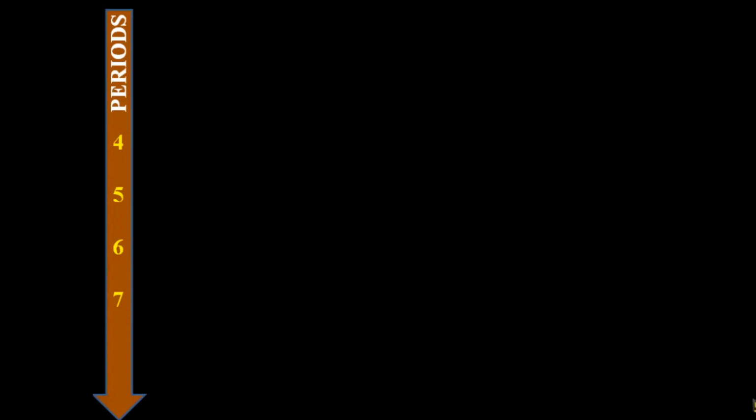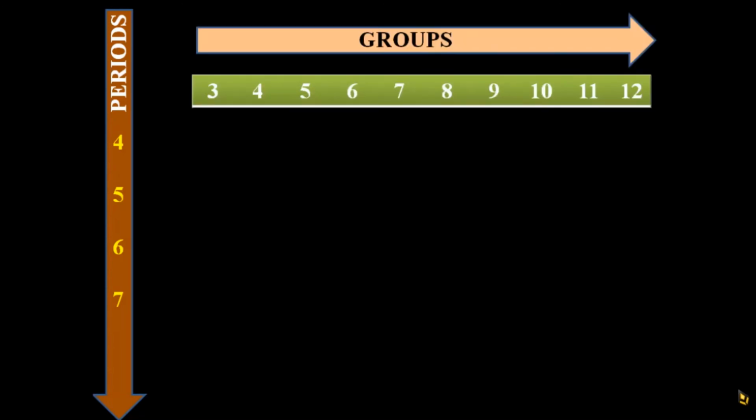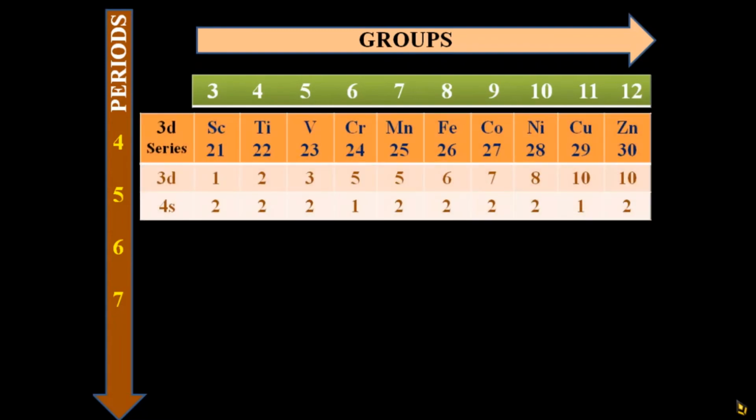Here we recall all the electronic configurations in one table. These four series of d block elements are present in the 4th, 5th, 6th and 7th periods and belong to the 3rd to 12th groups. So this is the first transition series, or the 3d series, which starts from scandium to zinc.